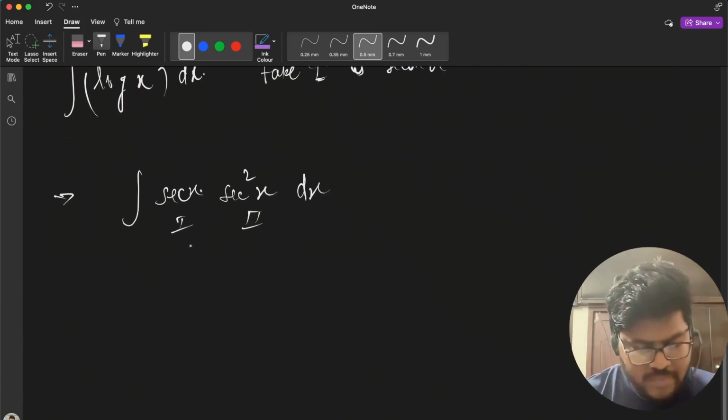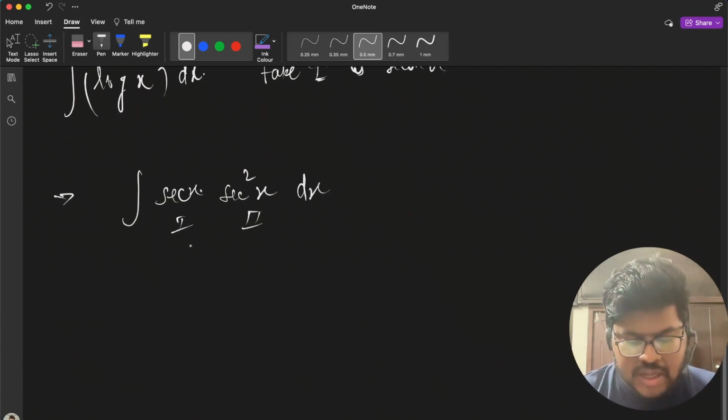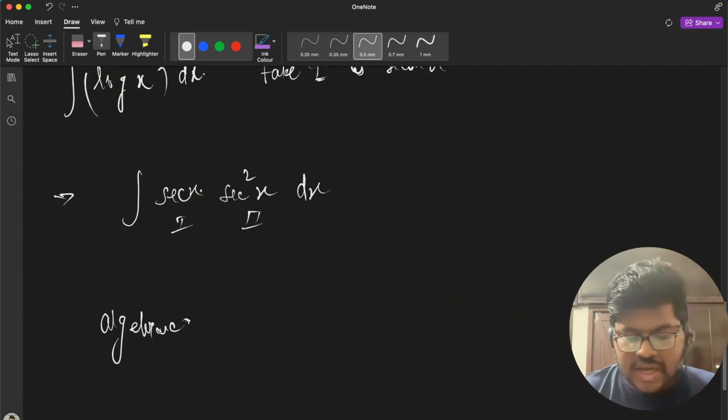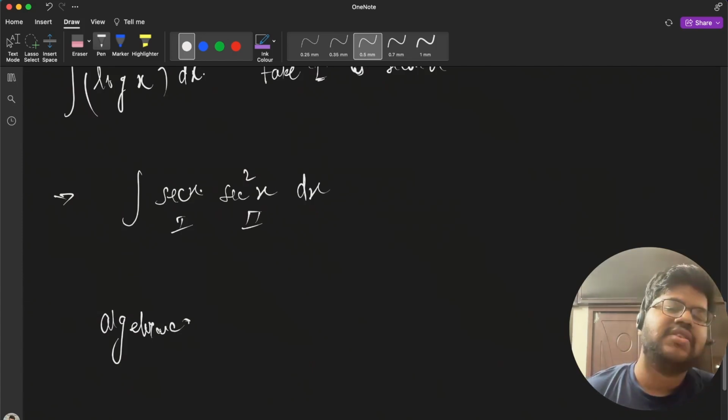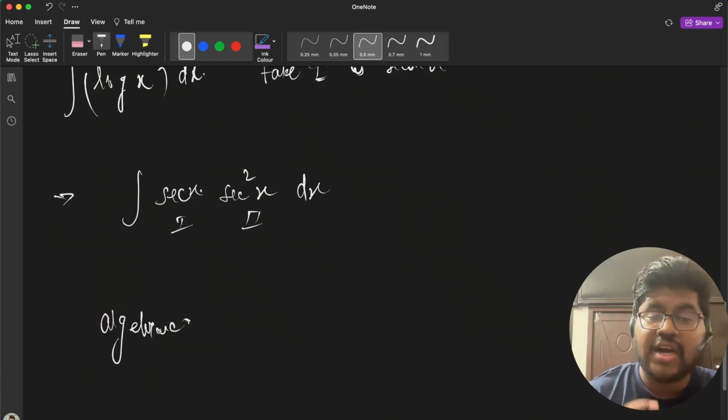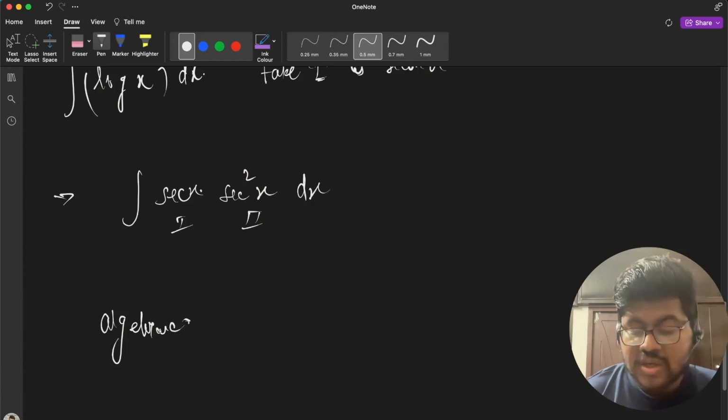And if both the functions are algebraic, right? So if suppose both the functions are algebraic, then what? Then take as first the function whose derivative is simple. So in the case of trigonometric functions, we take as second the function whose integration is simple. In case of algebraic functions, we take as first the function whose derivative is simpler, right?